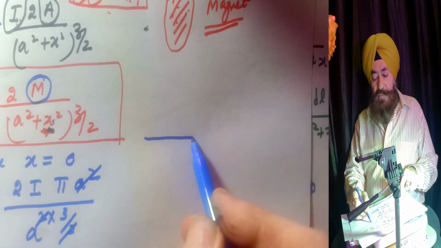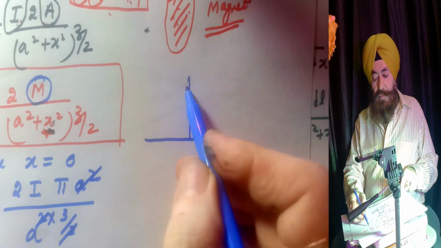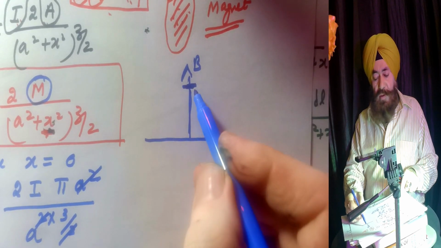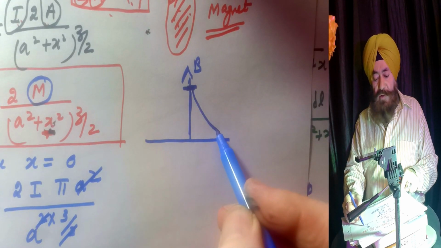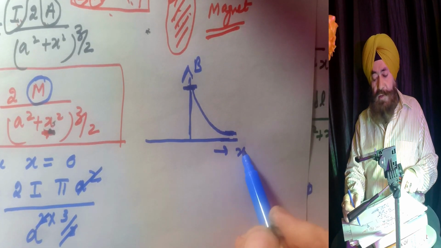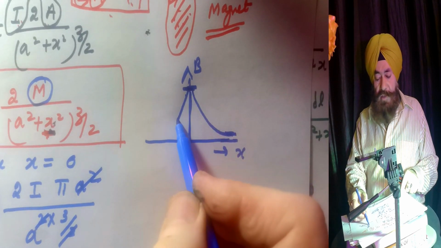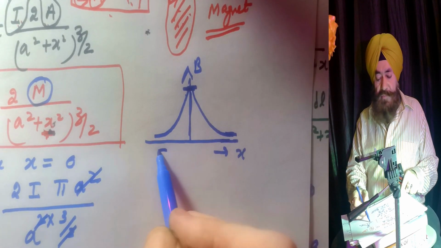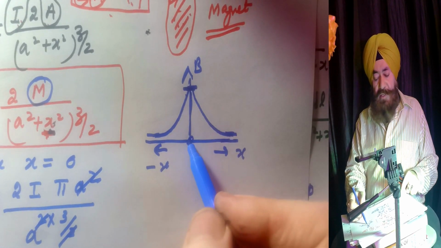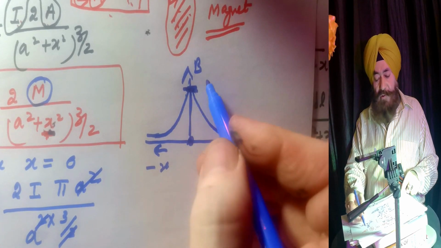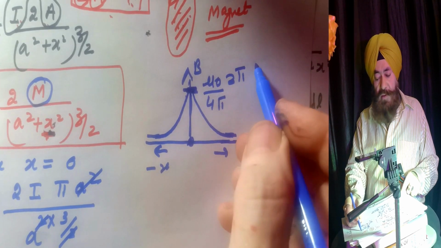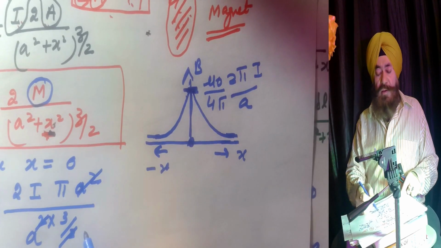So this is the field B maximum, then it goes on decreasing with increasing x, and also decreasing with negative x. But at the center, the value is maximum. How much? Mu naught over 4 pi, 2 pi I upon a.